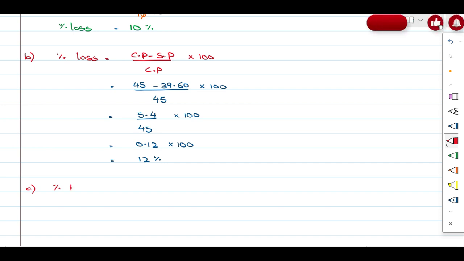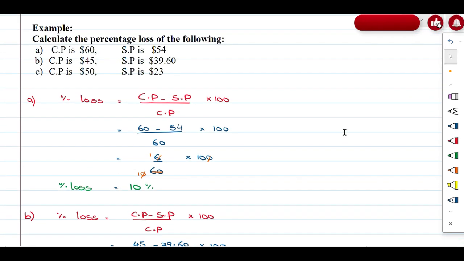The percentage loss, write down the formula, which is the cost price minus the sale price over the cost price and times by 100. Okay, so for part C, the cost price is 50 and the sale price is 23.